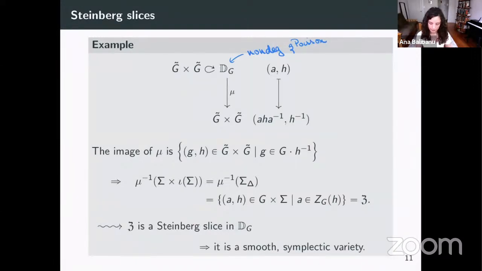My understanding is that it's a quasi-Poisson groupoid in the first sense. But for what comes in this talk, I want to think of it in the second way, as a trivial bundle of Lie groups.